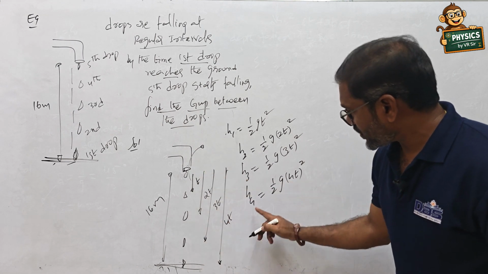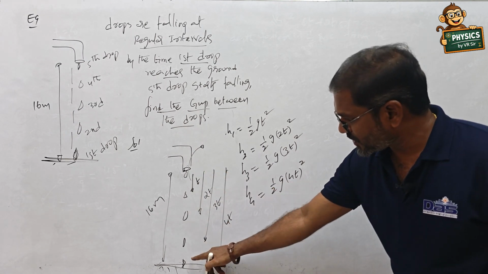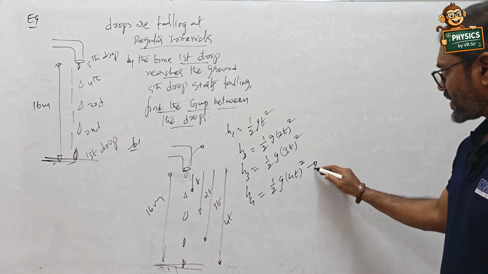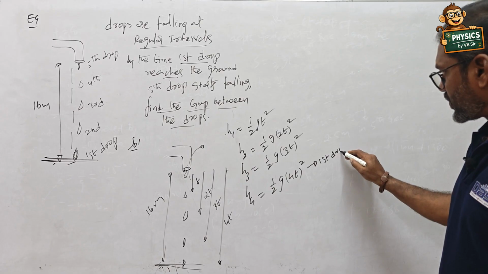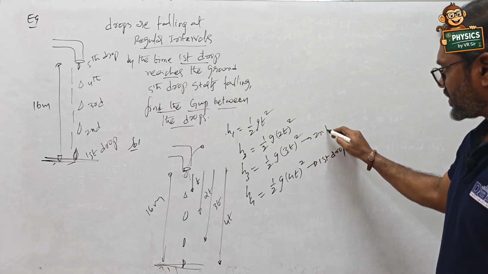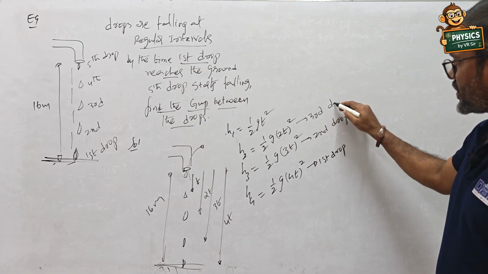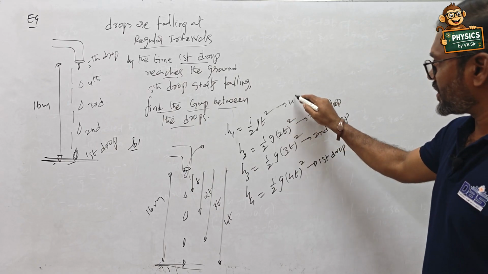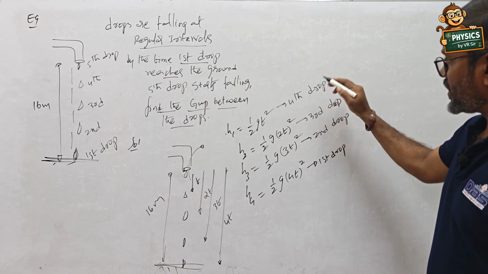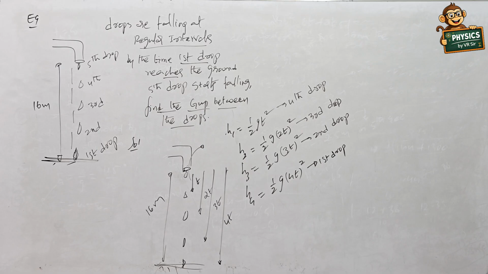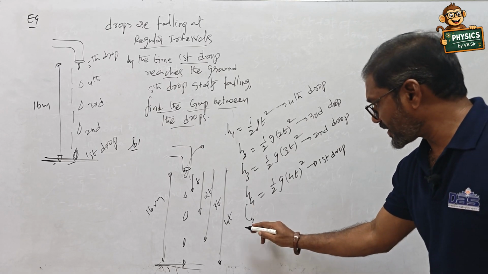This is the total depth fallen by the first drop. This is regarding the second drop's depth fallen, this is regarding the third drop's depth fallen, and this is regarding the fourth drop's depth fallen. Hope it's clear, right?